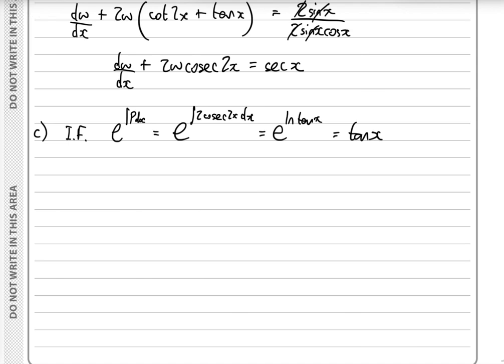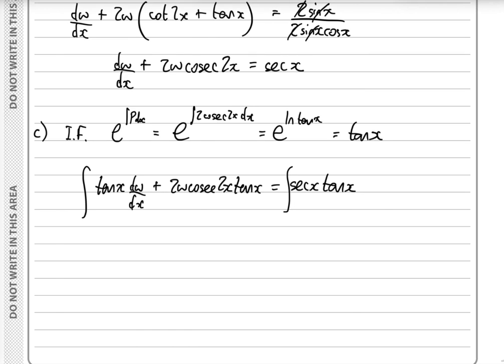Multiply the differential equation by this, we get tan x dw by dx plus 2w cosec 2x tan x equals sec x tan x.